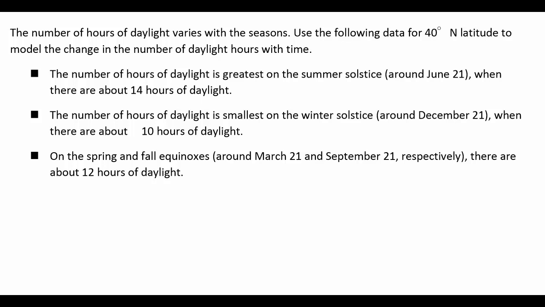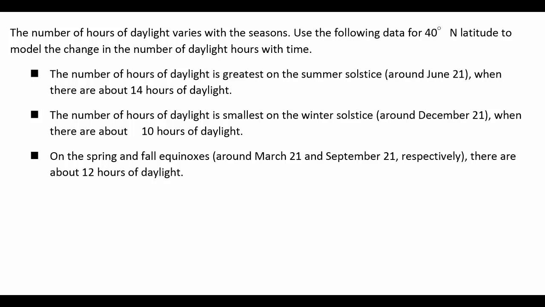We're going to be given some facts about the number of hours in a day, and we're going to represent this in a couple of different ways. Number one, the hours of daylight is the greatest in the summer solstice, around June 21st, when there are about 14 hours of daylight. The number of hours of daylight is smallest in the winter solstice, when there's about 10 hours of daylight. And at the spring and fall equinoxes, there are about 12 hours of daylight.